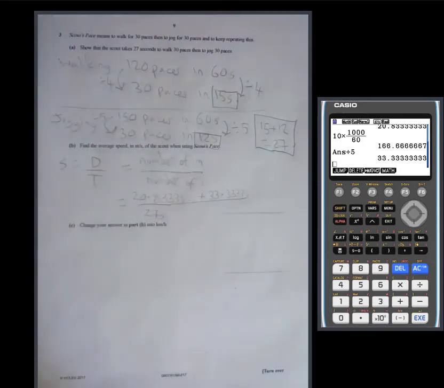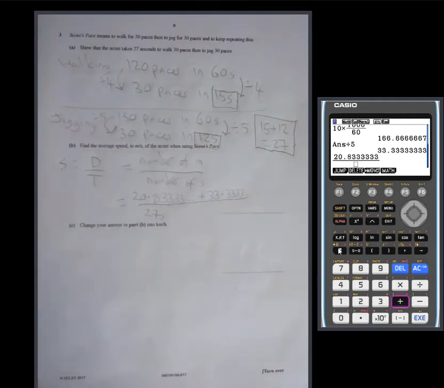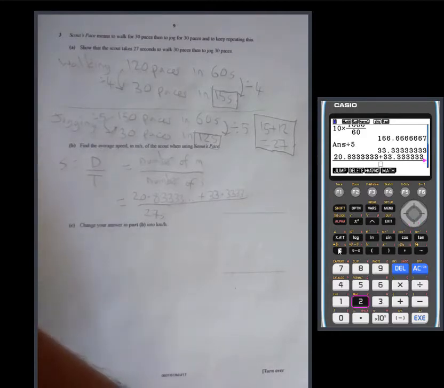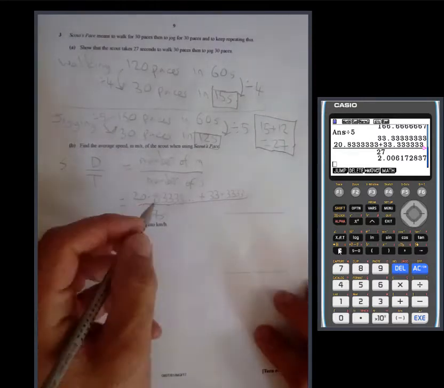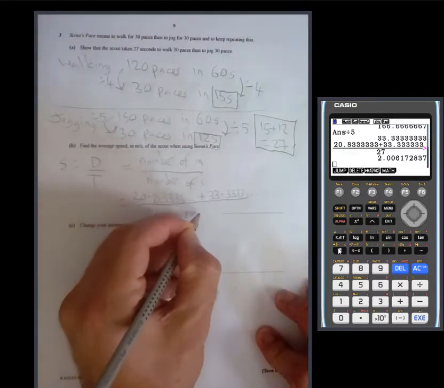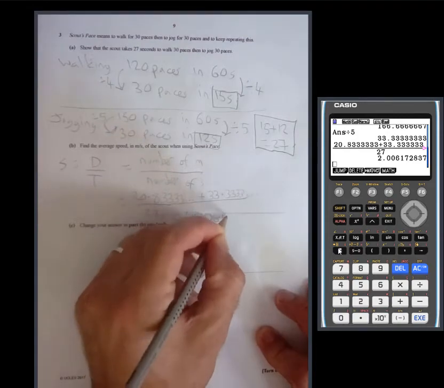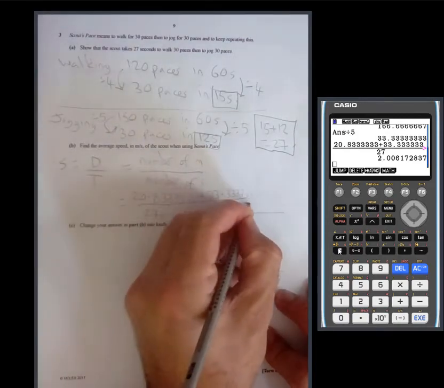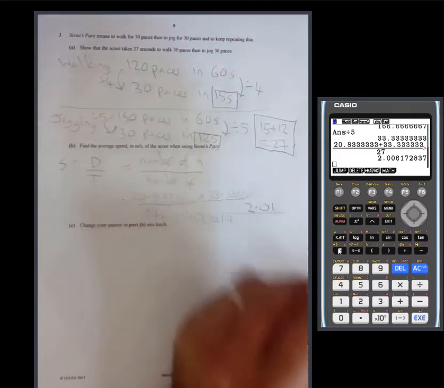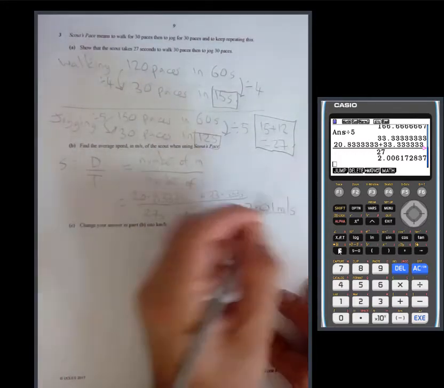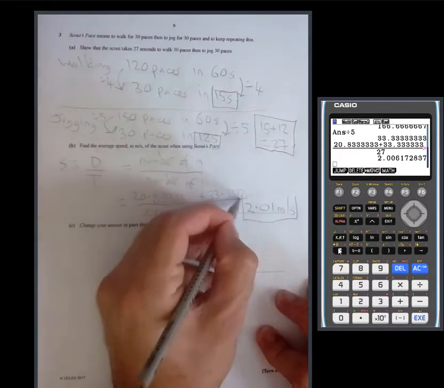Go to your calculator. 20.83333 a few decimal places plus 33.33333 all over 27, and that gives us an average speed of 2.00617. So we will call that 2.01 meters per second. Right.